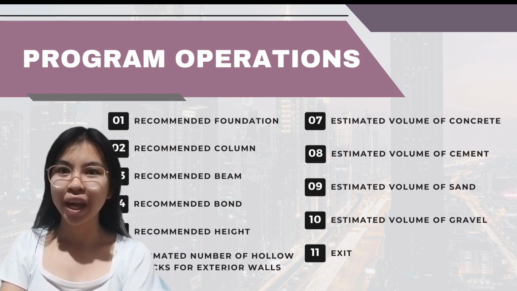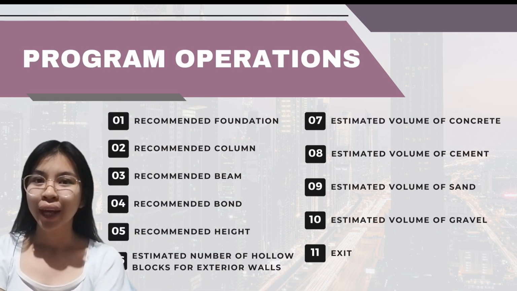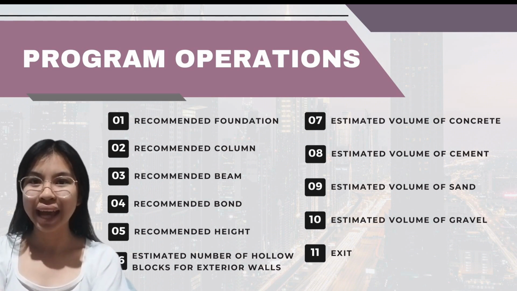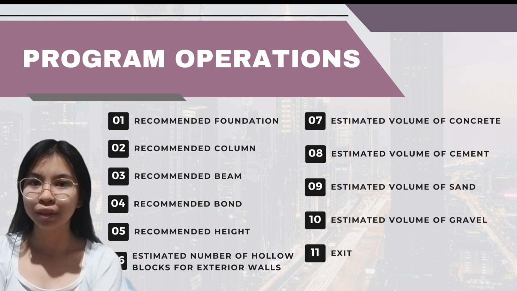Proceeding to the project operations, this application is a useful resource for building projects. In order to strengthen the building, it suggests the ideal kind and dimensions for the foundation, columns, and beams. It also offers advice on how to build walls using hollow blocks.